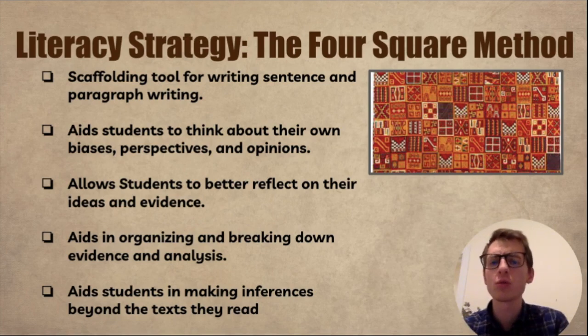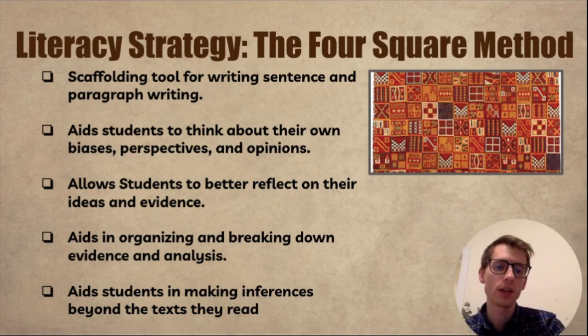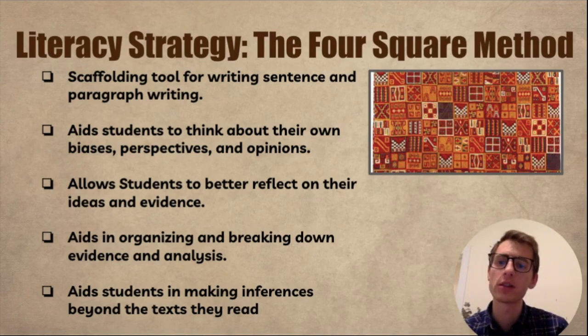This will also help students think through their own cultures, their biases, their perceptions, and their opinions as they evaluate Inca culture by thinking in terms of concepts and themes. As a skill, it helps students reflect on their own evidence ideas and evaluate whether they have the best form of evidence, and also just helps them organize and break down that evidence into analysis. It also helps them make inferences beyond the text that they read.